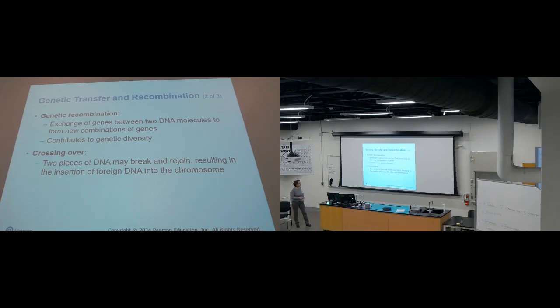And that can happen in prokaryotes and eukaryotes. Now, in eukaryotic cells, we have this specific mode of recombination that we know as crossing over that happens during meiosis, in which you have to have physical contact between chromosomes of two different parents and exchange of these chromosomes.